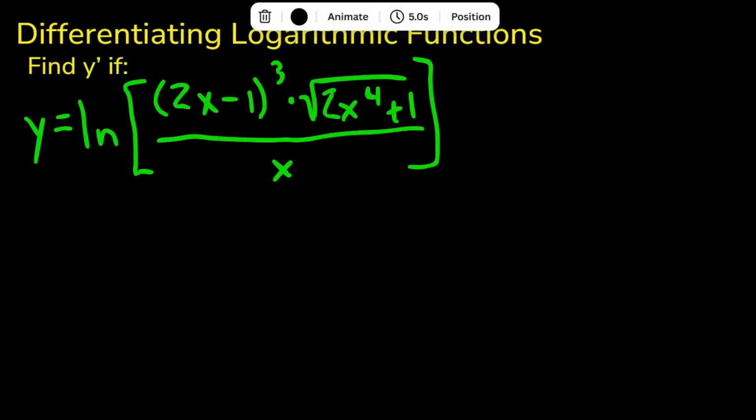So this leads us to a very interesting problem that can sometimes come up, where you have natural log of a function that involves all kinds of crazy stuff. So in order to attempt this one the way it's written, you would have to use the chain rule, quotient rule, and product rule. But because it's all inside of the natural log, we can simplify it, or expand it rather, using the properties of logarithms.